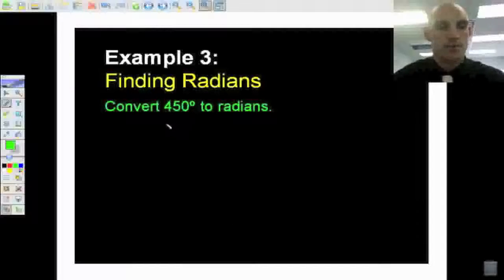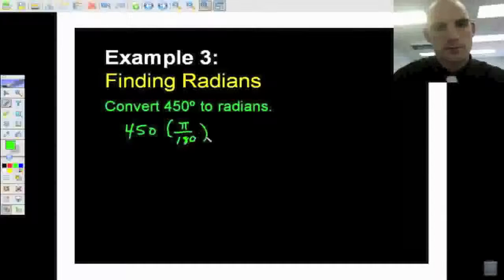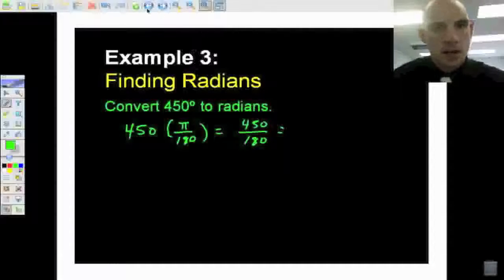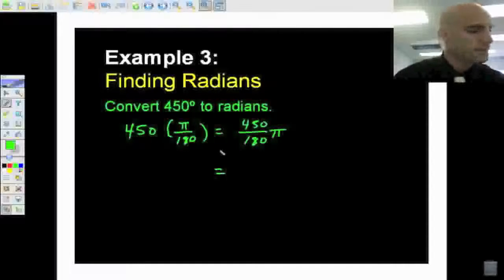Let's look at another example. Now we're going to convert 450 degrees to radians. So 450, and what I want goes on top. 450 over 180 times pi. And I'm going to reduce my fraction here.